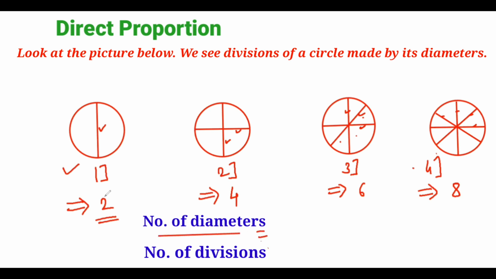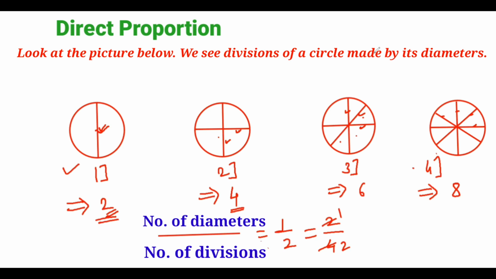In first figure, number of diameter is 1 and division is 2. So first ratio becomes 1/2. In second figure, there are two diameters and four divisions, so it will make 1/2. That's why those are equal ratio.